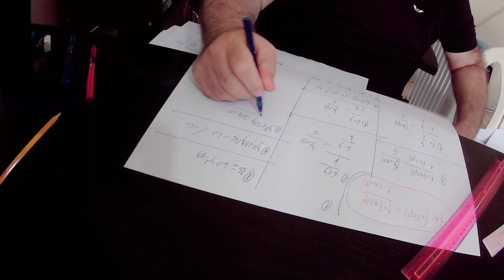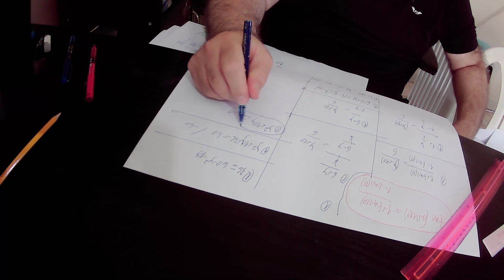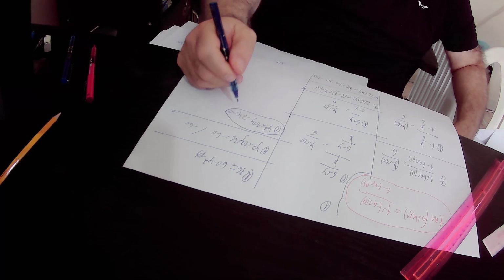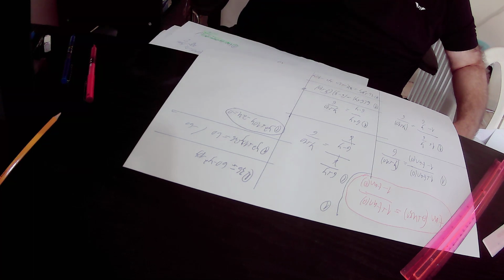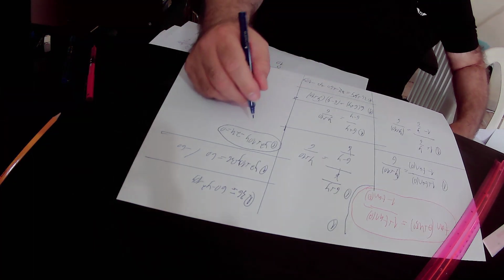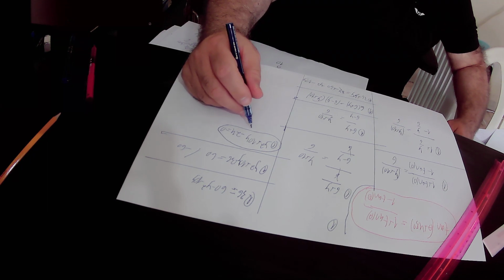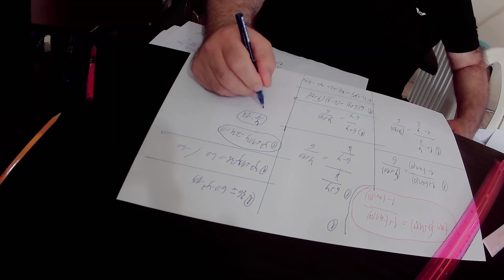So we got the same quadratic equation that we had in the second method. And in order to solve this quadratic equation, we had two solutions. The first solution is y1 equals minus 12, and the second solution is y2 equals 2.